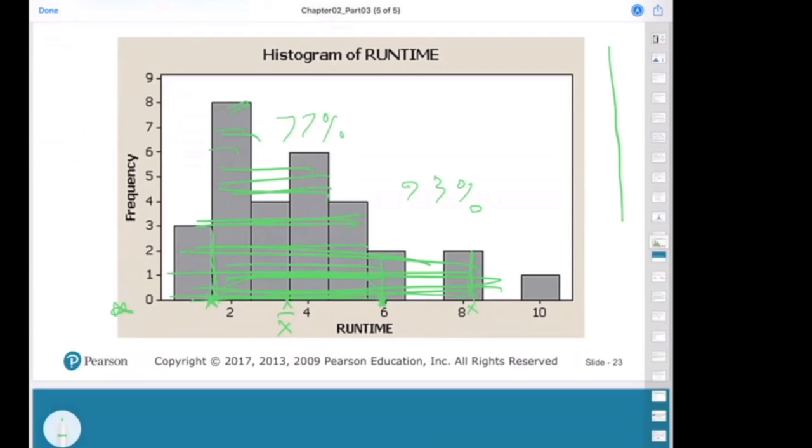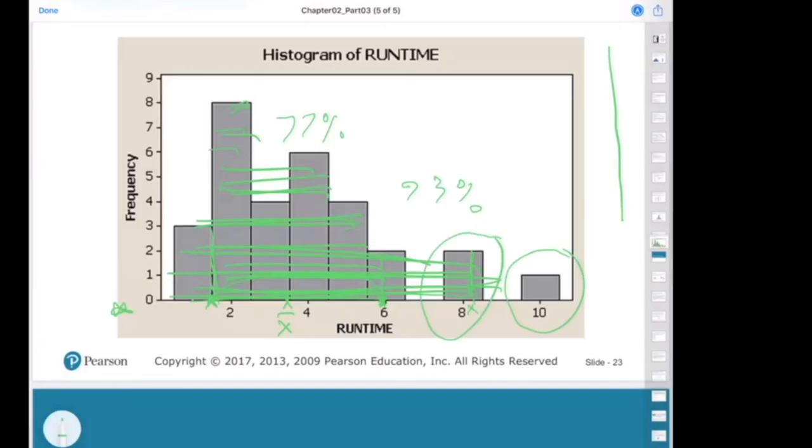And as you can see here also, the distribution is skewed. Why? Because you have this bar. This bar is what? An outlier, right? So of course it makes the distribution skewed to the right, as you can see. Maybe 8 also.